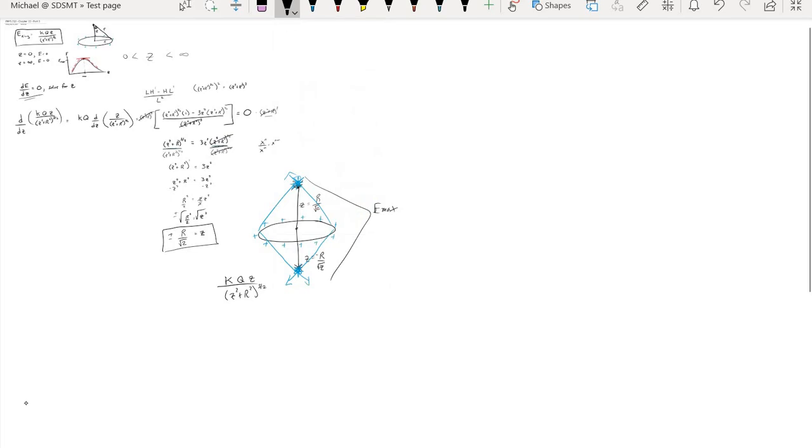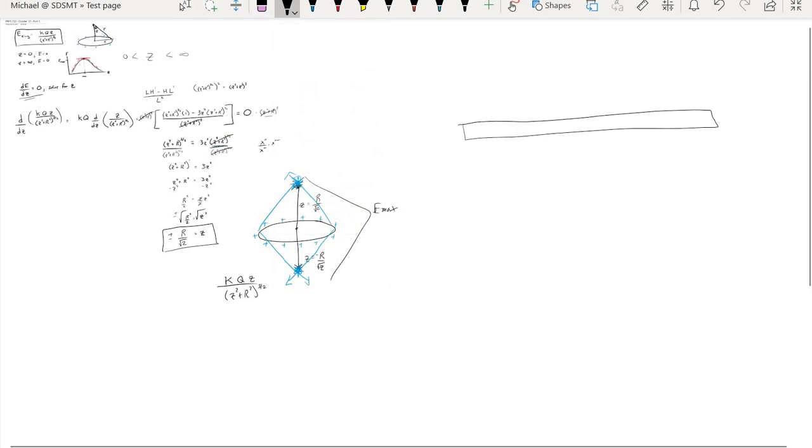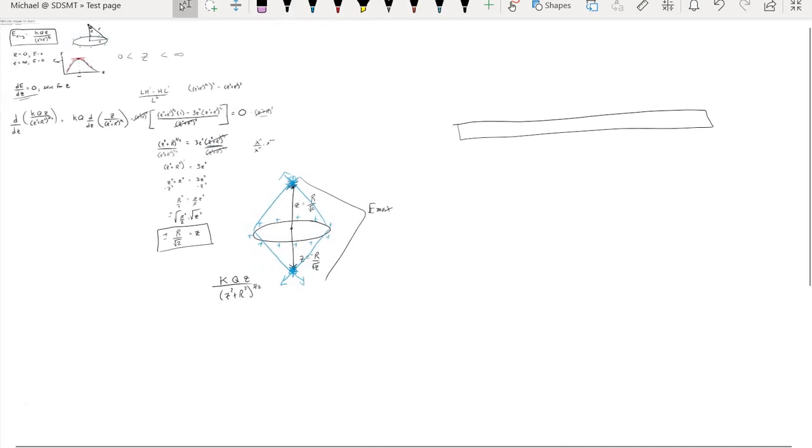Now for a line function, if we think back to the electric field that was produced by the line, this function was dependent on 1 over z, I believe.